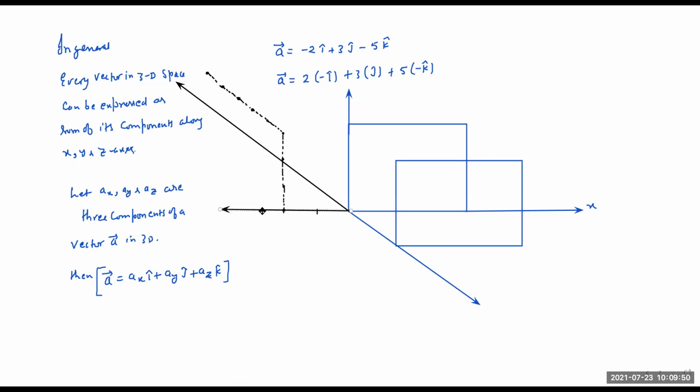If I extend this line further, it's a really bad example. So how is this vector? This vector is something behind.